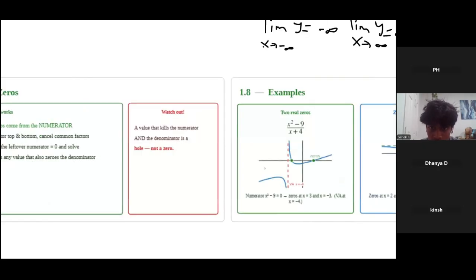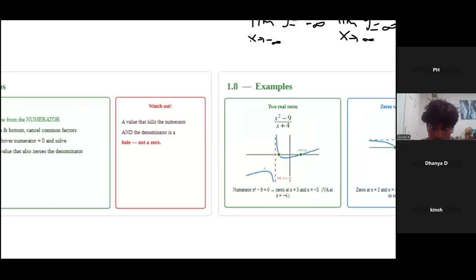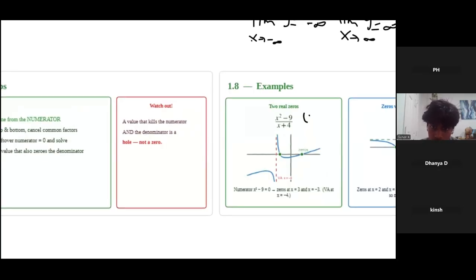Okay, here, let's factor this out. X squared minus 9 is going to factor out to x plus 3 and x minus 3, and you can see that through difference of squares. Then x over x plus 4. So right away, since our bottom is x plus 4, what makes x plus 4 zero? That's going to be negative 4.